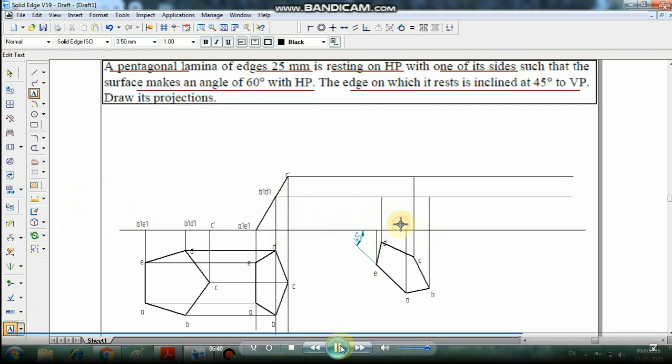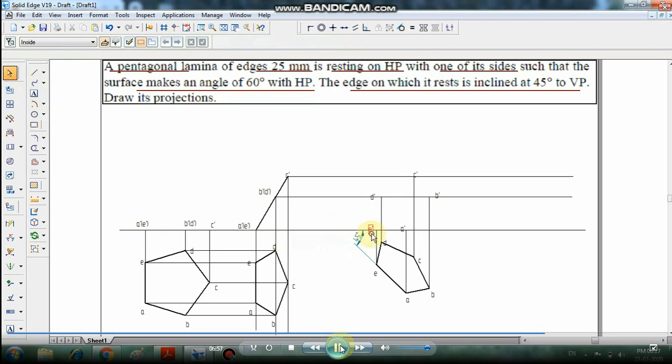Mention the names where it intersects: A dash, B dash, C dash, D dash and E dash.